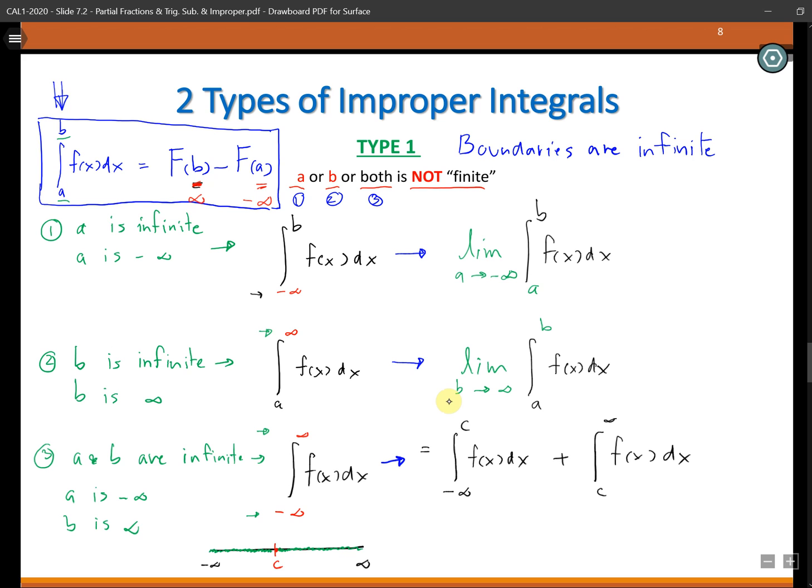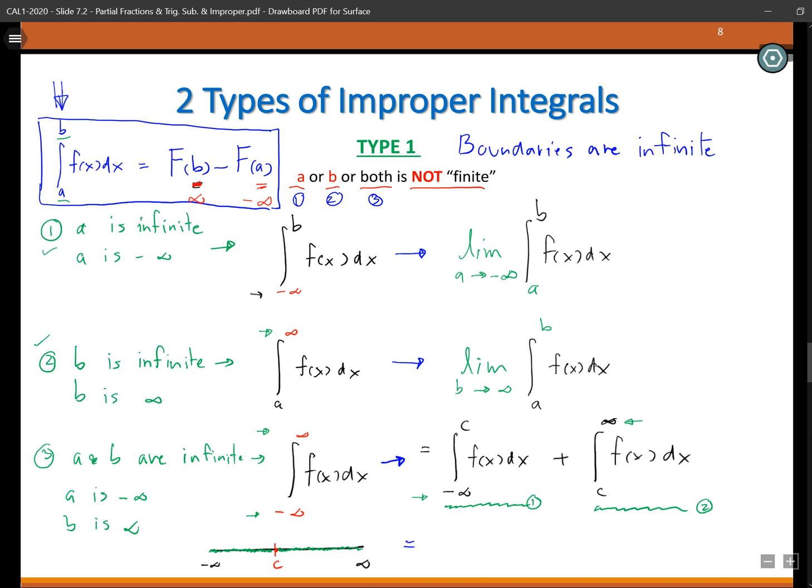Okay, at this point you might notice that this first one has the form of scenario 1 when the lower bound is minus infinity. This is scenario 1, right? And this integral is the improper integral with the problem at the upper bound, and that is scenario 2. So with this 1 and 2, we can use what we have done before.